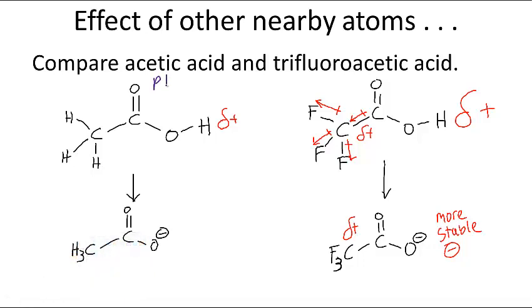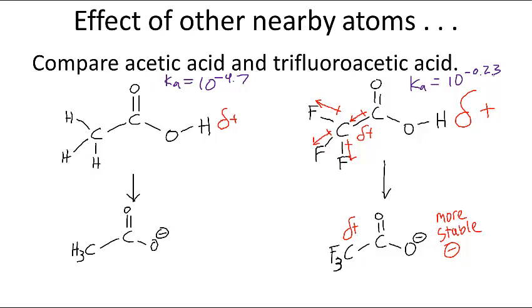So here the Ka is 10 to the negative 4.7, and then the other one, Ka, is 10 to the negative 0.23. Which one of those is bigger? Second one.